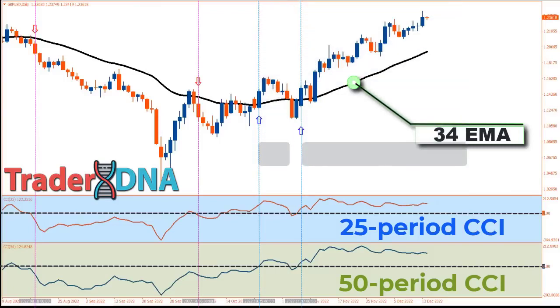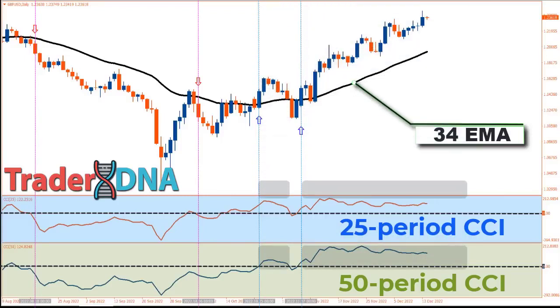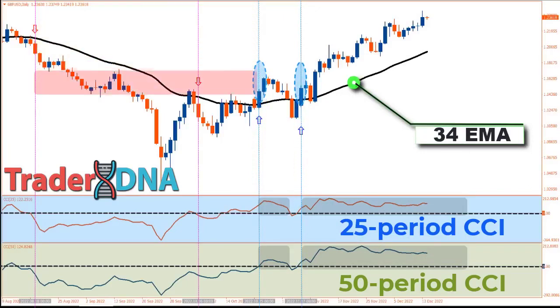This means that if the 50-bar CCI crosses above the zero line, the 25-bar CCI should also be above the zero line, and the price should close above the moving average, and vice versa if the 50-bar CCI crosses below the zero line. If either the 25-bar CCI is on the wrong side of the zero line, or the price is on the wrong side of the moving average, that is, CCI crosses above, while price closes below the moving average, the trade has not met its requirements and should not be entered.